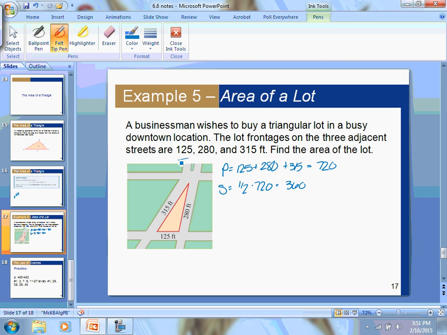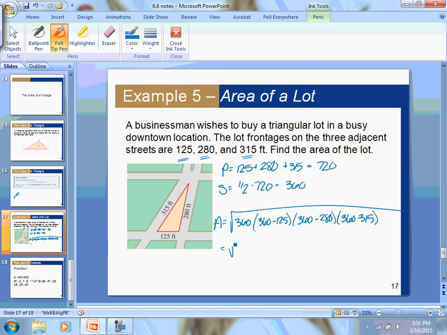I need my side lengths and then my semi-perimeter to plug into the area formula. So it's the square root of the semi-perimeter, times the semi-perimeter minus the first side, then the semi-perimeter minus the second side, and the semi-perimeter minus the third side.